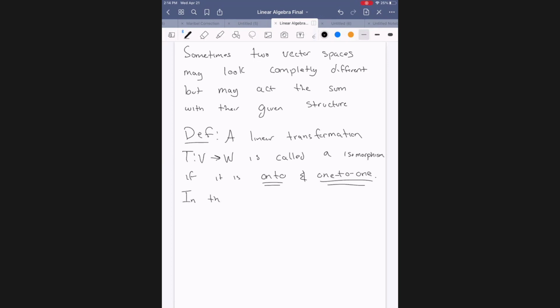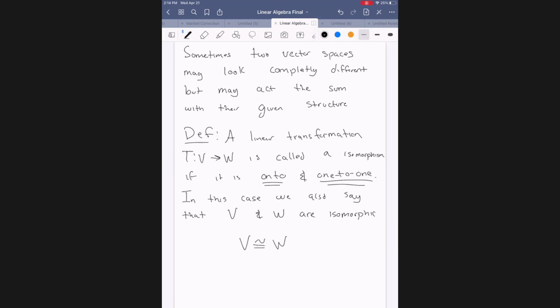In this case, we also say that V and W are isomorphic, and we denote it like this.